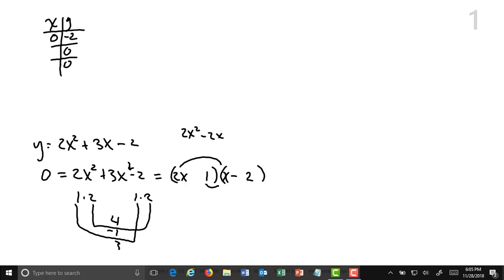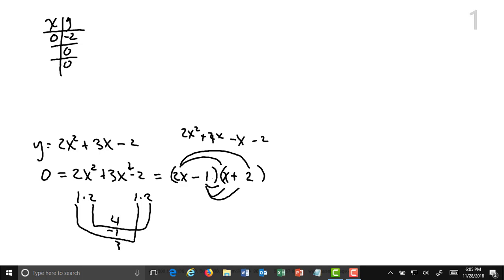Let me put plus, minus. Okay, 2 times that is 2x squared, right? And 2x times that is going to be a positive 4x. You see it? 2 times 2. That's this. And this times this is just a minus x, right? Giving me 3x. And finally, this is going to be the minus 2. So it is a factorization.